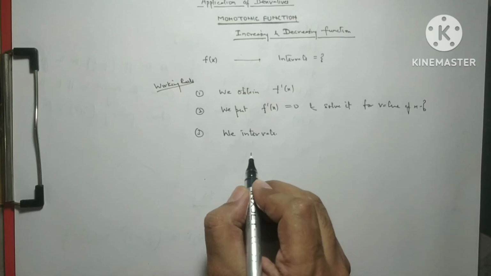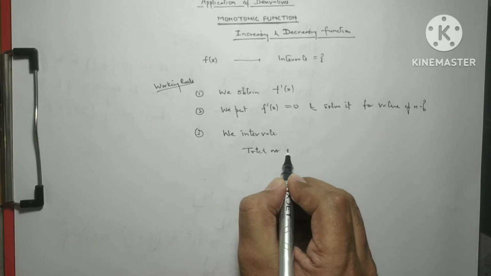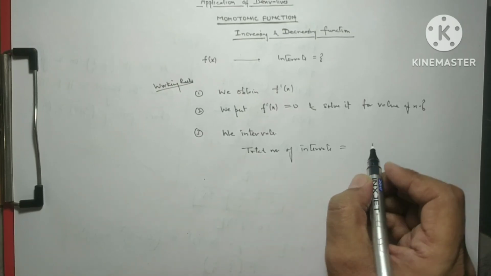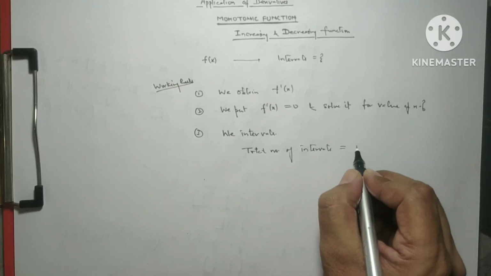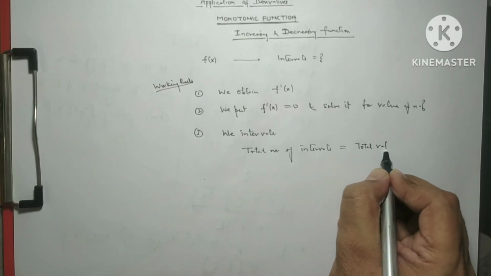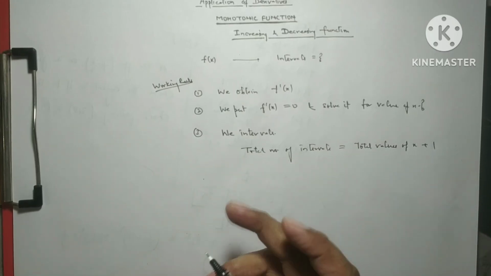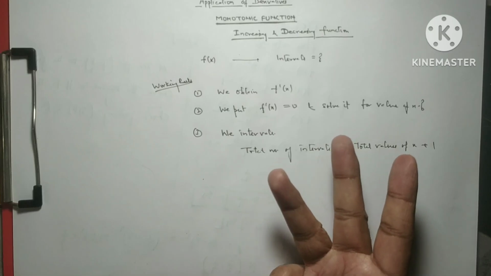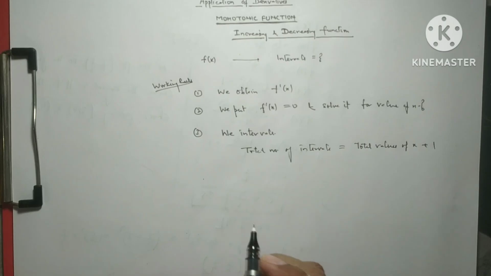And remember, the total number of intervals will be one more than the number of values of x. So total values of x plus 1. So when we have two values we will get three intervals, and when we have three values, just like in a cubic, we will get four intervals.